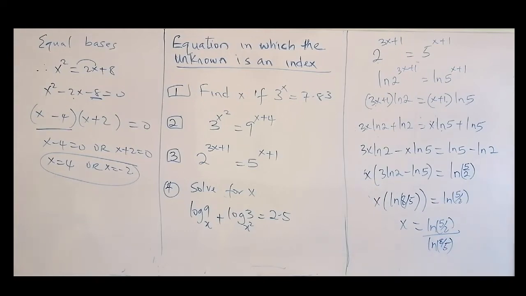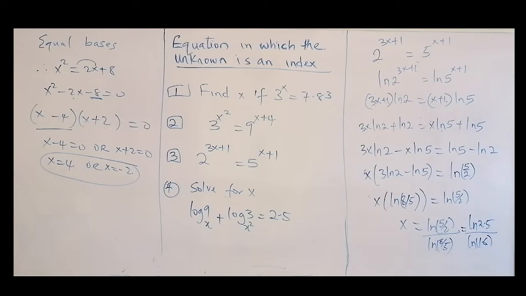We can still combine them together because this is division. So that's what we have in this case. You can take your calculator and get the x value, which is equal to ln 2.5 over ln 8 over 5. 8 divided by 5 is 1.6.